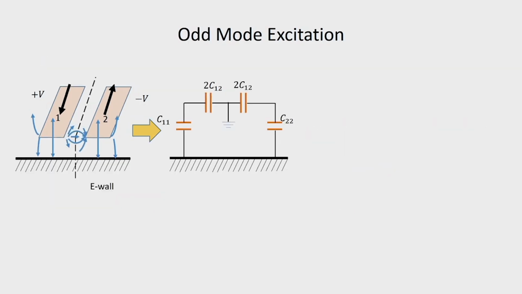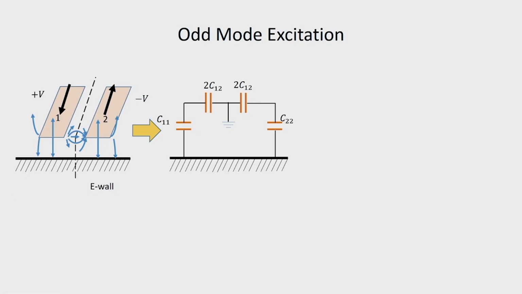We now consider the odd mode of excitation. As we have already mentioned, for this mode of excitation, an E wall is formed at the line of symmetry, and we have the equivalent capacitor represented as C11 in series with 2 C12, and this C12 is now distributed.